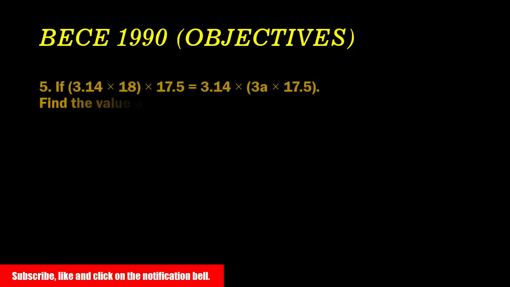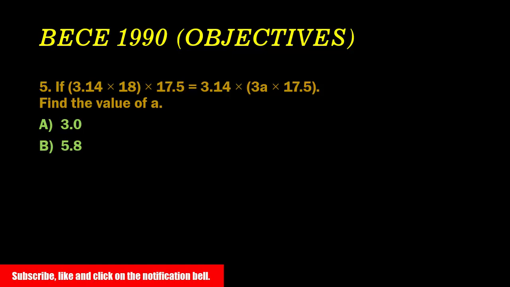Number 5. If quantity 3.14 times 18 multiplied by 17.5 is equal to 3.14 times quantity 3a times 17.5, find the value of a. Option A, 3.0.